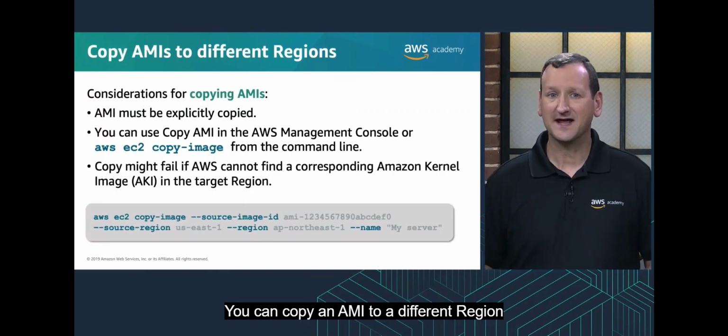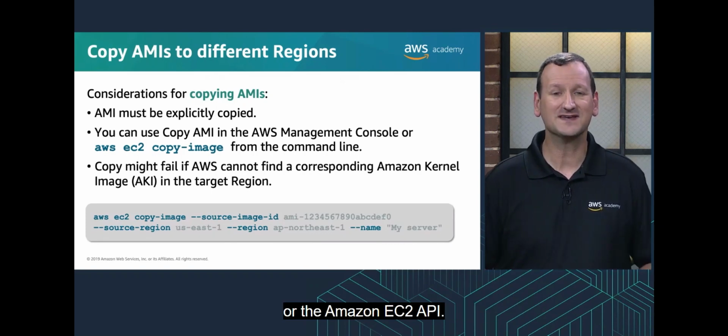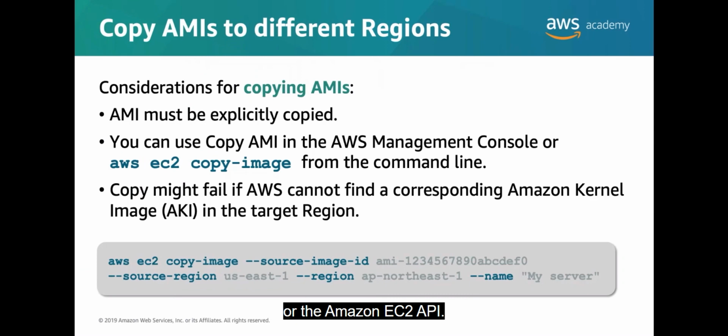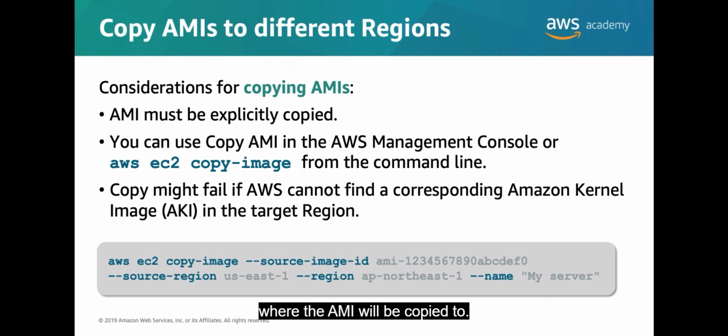You can copy an AMI to a different region by using the AWS Management Console, AWS CLI, or the Amazon EC2 API. In this AWS CLI example, the source image ID and source region are both specified. Also, the region parameter identifies the region where the AMI will be copied to.